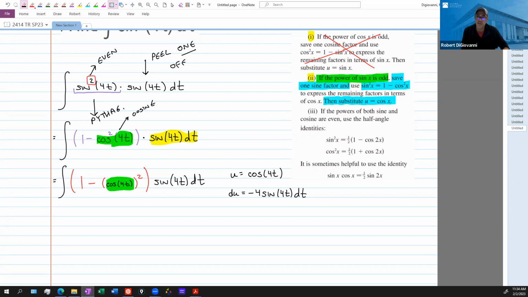Got my negative out there, my 4. So the green is that. The yellow is that. And so I need to get rid of this -4. So I'm going to scale it out by multiplying both sides by -1/4. -1/4 du equals sine 4t dt.